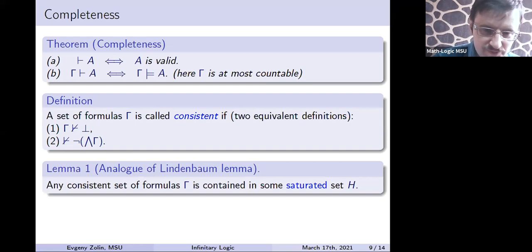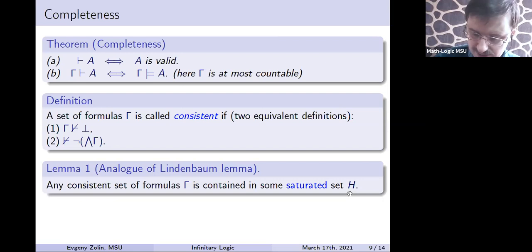And we will prove some analog of the Lindenbaum lemma. Lemma 1: any consistent set of formulas gamma is contained in some saturated set. It will not be the maximal consistent set. We will only build some small set H that contains gamma, and it is good in some sense.